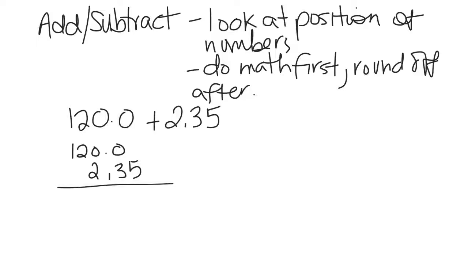Without rounding, what is that answer? 122.35. But this second value of 2.35 is more precise than the 120.0. Your final answer can't be more precise than your least precise number.